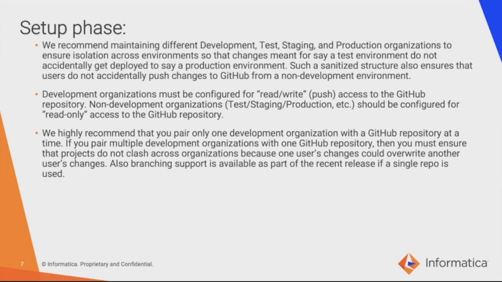So these are the two steps of configuration that you need to do before you enable version control in your IICS org. So again, to quickly summarize, you would first configure the admin level repository settings, and the second would be at an individual user level. Every user would log in and add their personal access token for audit and tracking of their Git commits. So that will be the initial setup.